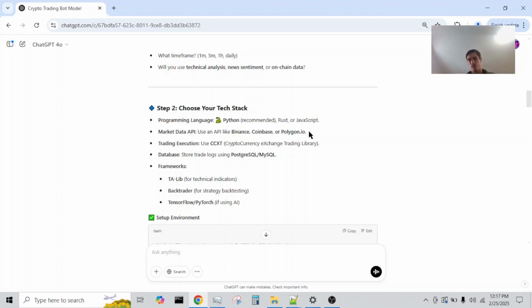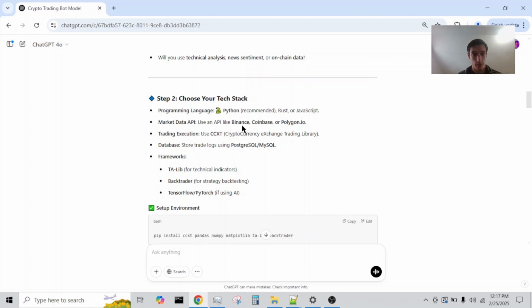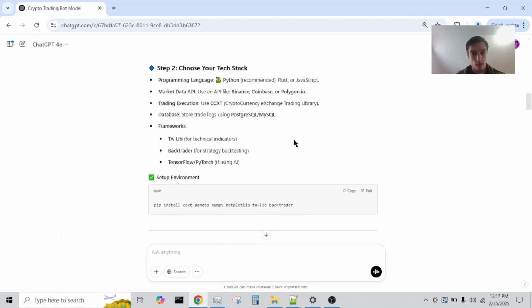Hopefully, getting market data for these lower time frames. Hopefully it's free, but sometimes that can cost some money to get that information. What databases are we going to use? I use MySQL.